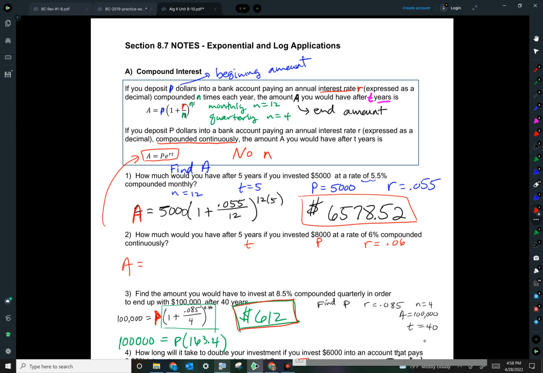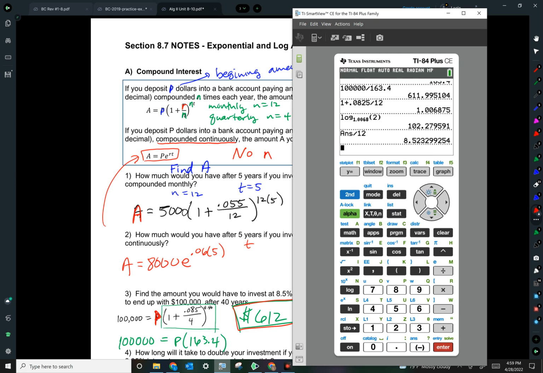A equals, P is 8,000, and then E to the R, which is 0.06, times T, so that's times 5. Since the A is already by itself, I can just put that entire right side into my calculator. I'm going to say 8,000 E. Remember, to get E, you can do that second ln.